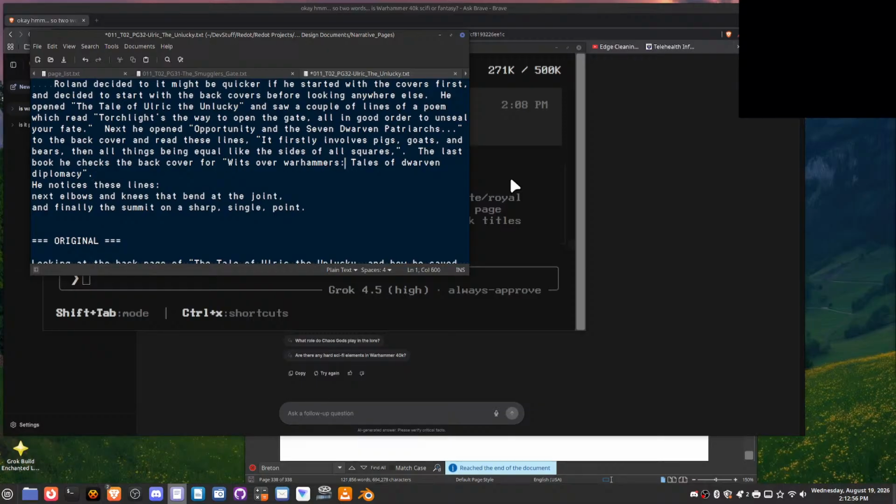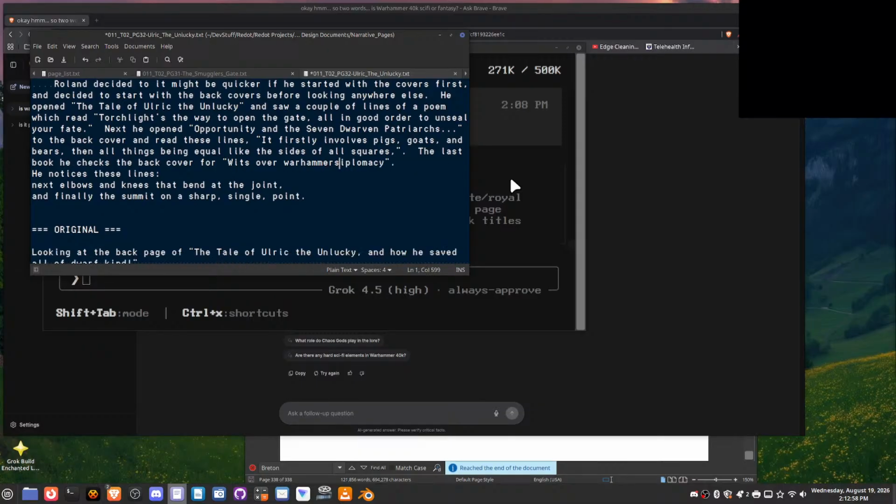What's Over Warhammers, I will shorten that. And he notices these lines.